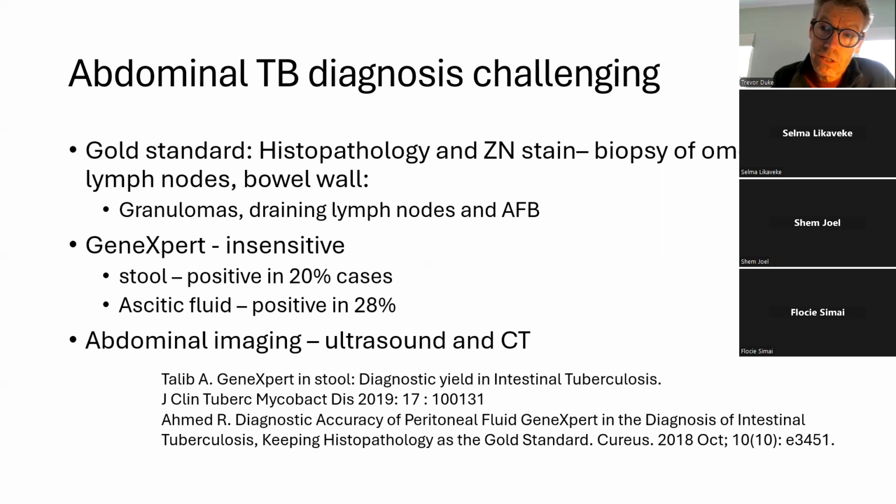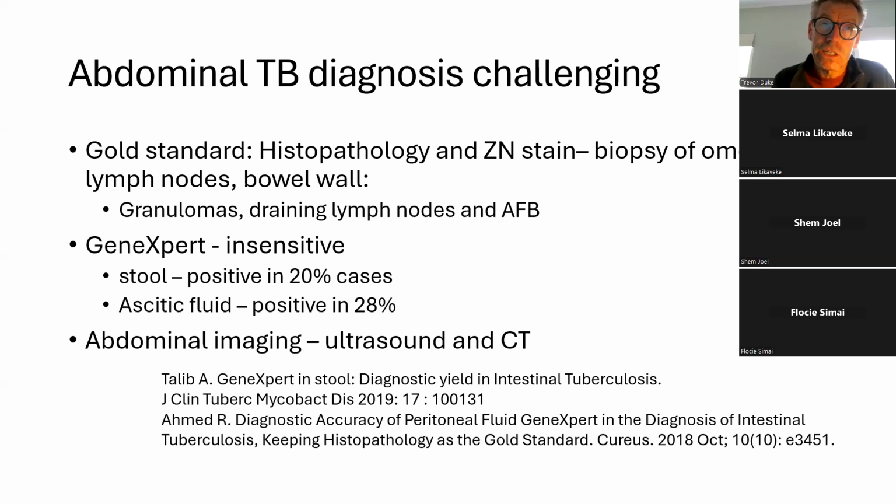The problem with these two methods, the GeneXpert on ascitic fluid and stool, is that if it's positive, it tells you the child's got abdominal TB or gastrointestinal tract TB. But if it's negative, it doesn't tell you the child doesn't have that condition, because they're relatively insensitive tests.